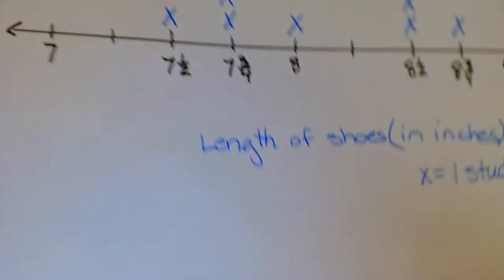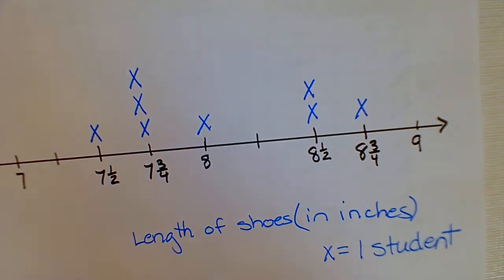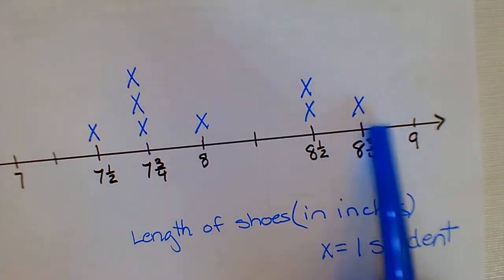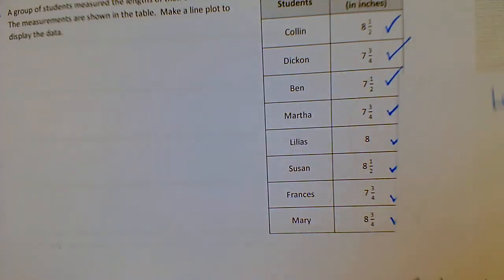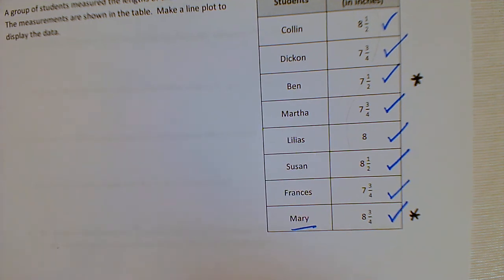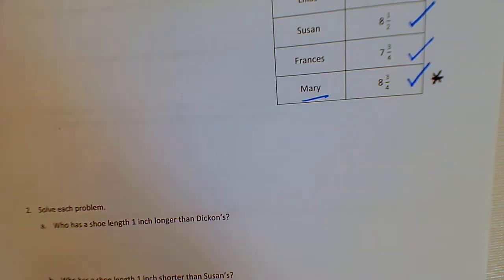So if I look at 7.75 right here, and I want to go an inch longer, I go to 8.75 right here. And then we can go over here and see who had 8.75. And if I look for 8.75, right here, Mary had 8.75. So Mary would be our answer.